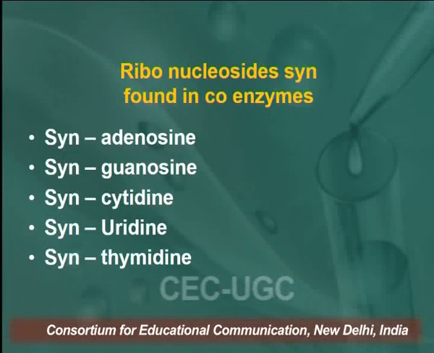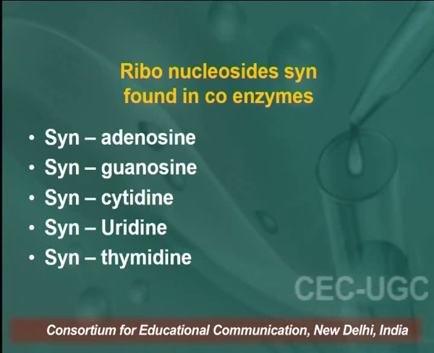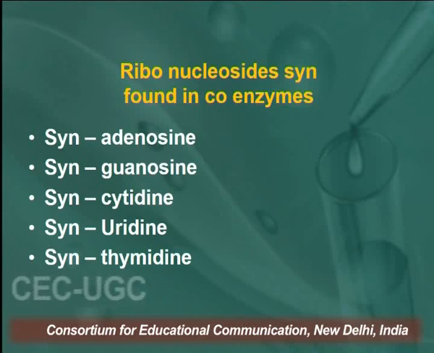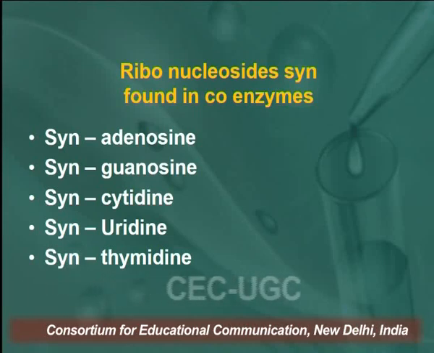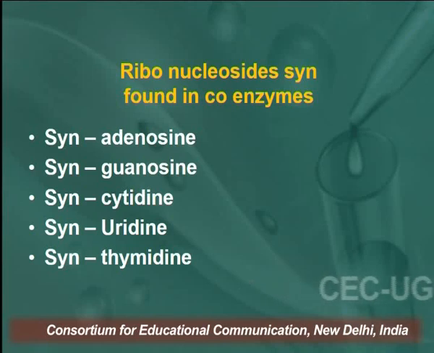In ribonucleosides, syn conformations are found in coenzymes: syn adenosine, syn guanosine, syn cytidine, syn uridine and syn thymidine.